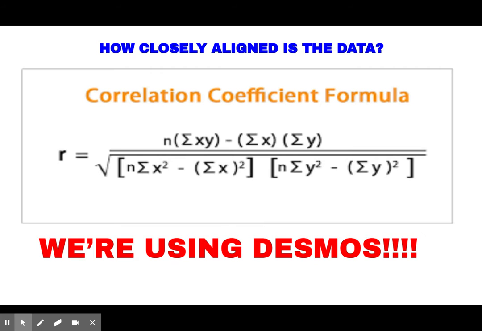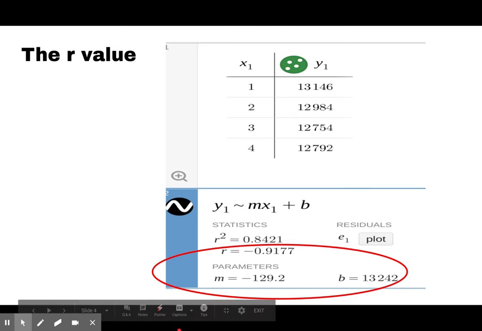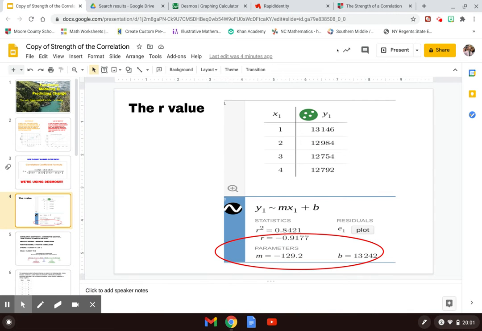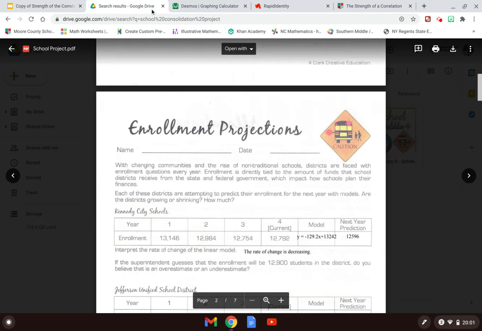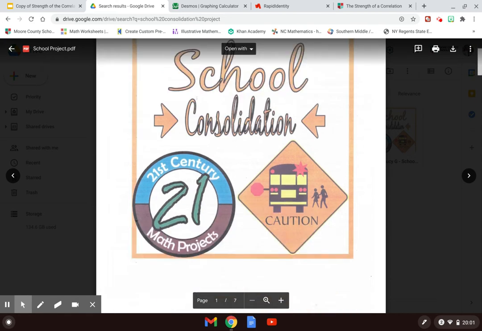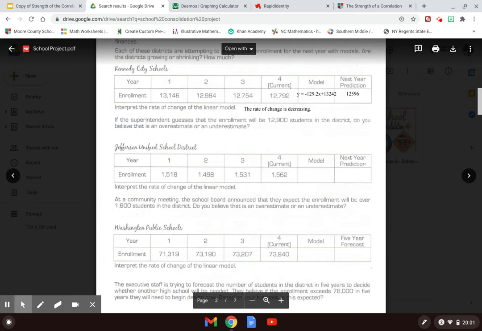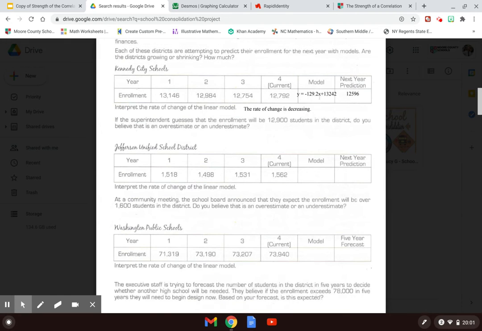The thing with using Desmos is that this is already something you have been doing. If you think back to when we did the school consolidation project, you took a table of values and entered it into Desmos. Then you used Desmos to find the equation of a line, and then you used that equation of the line to predict change.